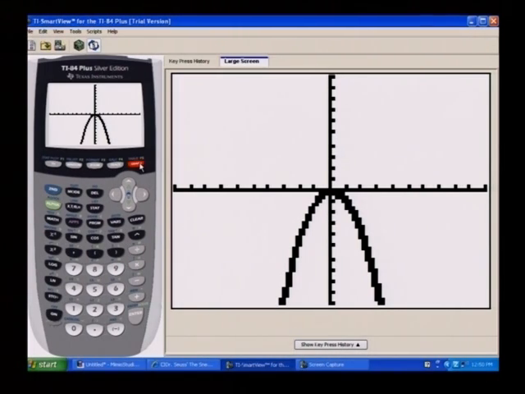You may have already found this. But the negative in front of the x squared, that negative multiplier, you could put a -1 or just the negative, but the negative is what flips us upside down. In other words, it's reflecting it over the x-axis.